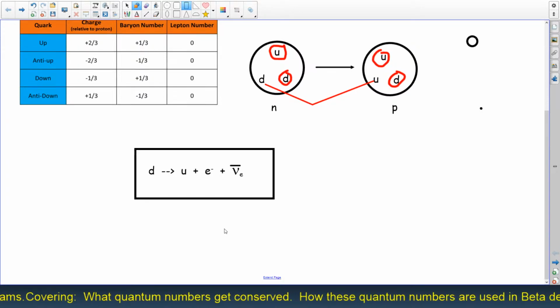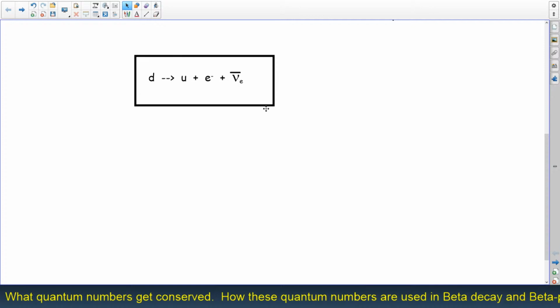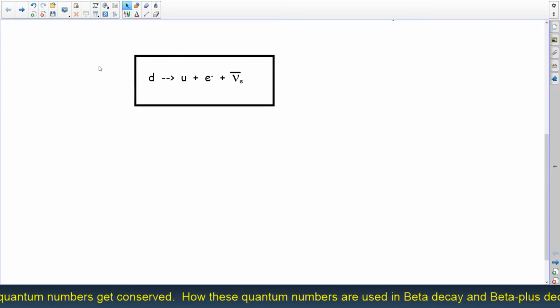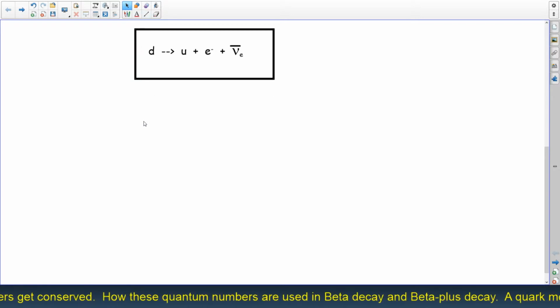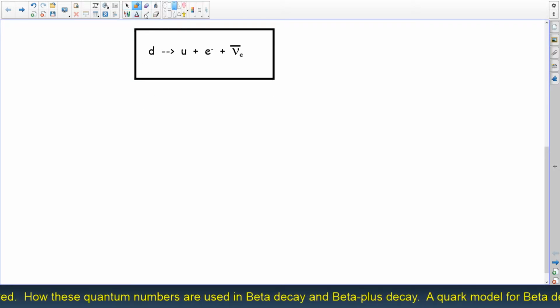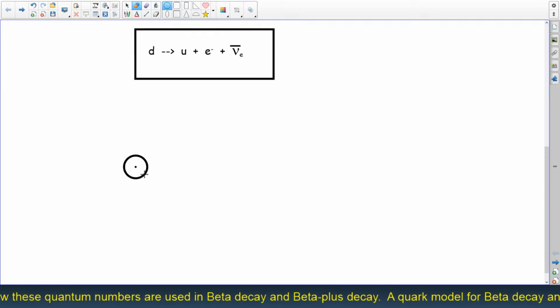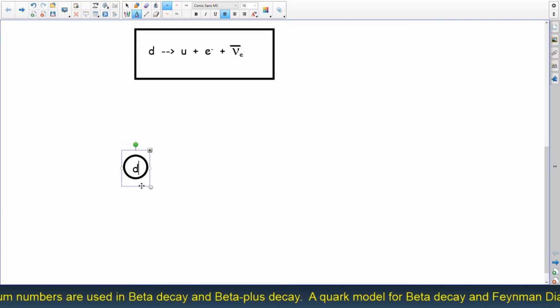But it's not really what's going on. Okay, because how does this happen? What is the mechanism by which this happens? And for that, we're going to take a look at our bosons, our force carriers. Right? And what's happening is this. We have our little down quark. Okay?